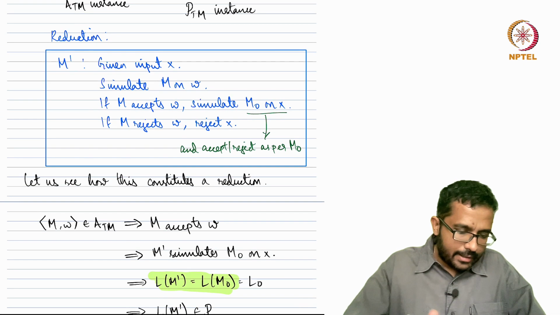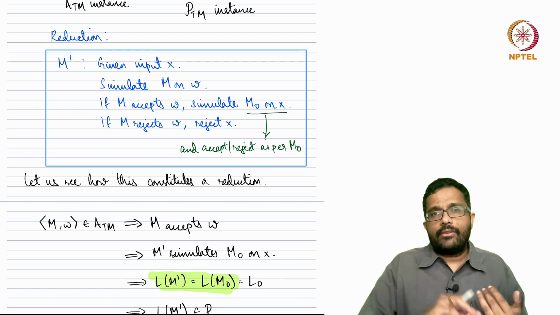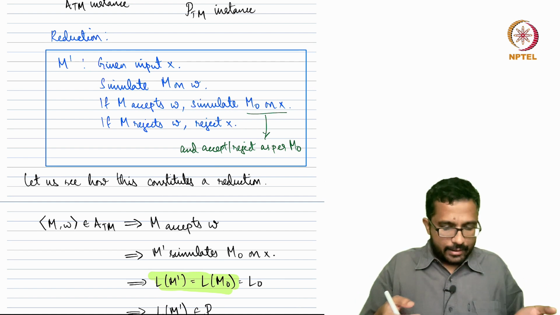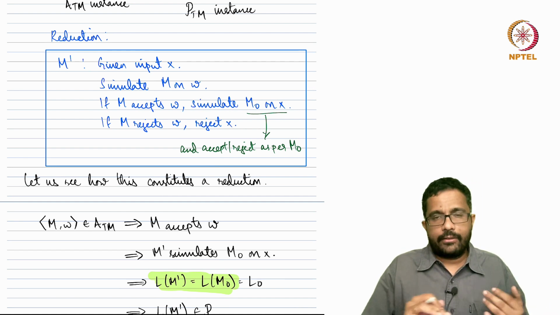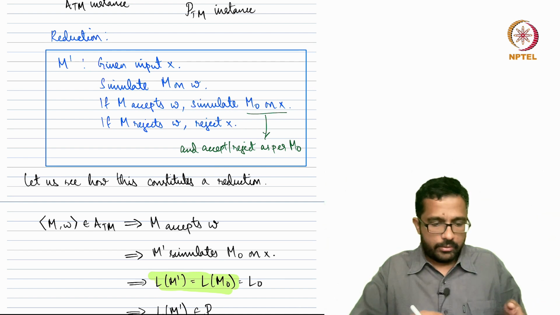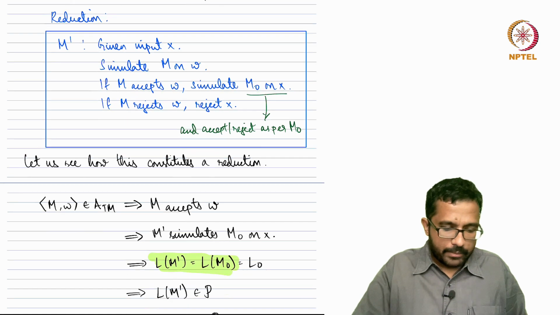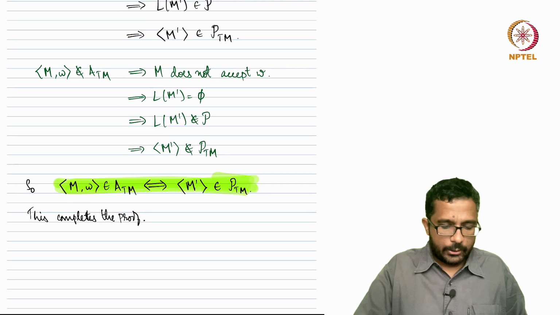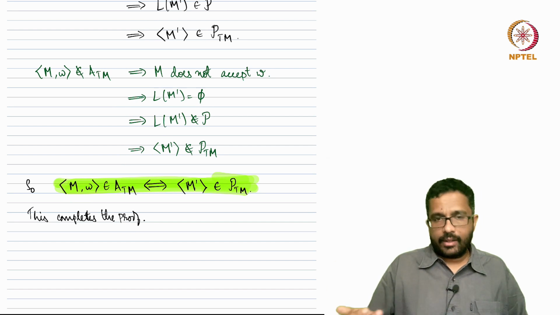And indeed this is a fairly simple construction. Once we are given the descriptions of the Turing machines M and M0 and the string W, it's easy to build this Turing machine. So the existence of the Turing machine M prime is not that difficult to see, and we have completed the correspondence, and that completes the proof.